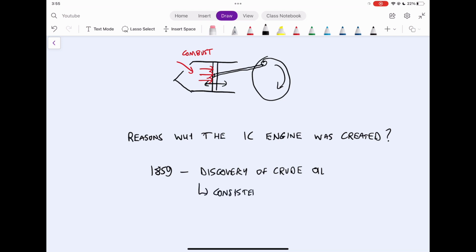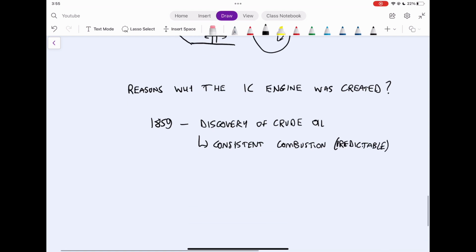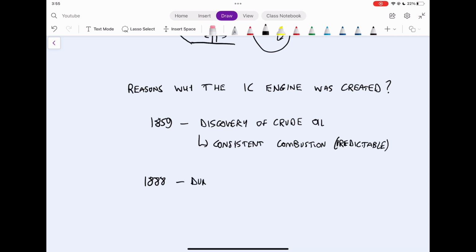One of the big problems of combusting with coal or combusting in different ways before that was that we didn't really have a consistent combustion that could happen at a very fast pace within a relatively small chamber. And this meant that we couldn't really do that for a vehicle that was small. Now, in 1888, the other invention that happened was that a person called Dunlop invented the pneumatic rubber tire.